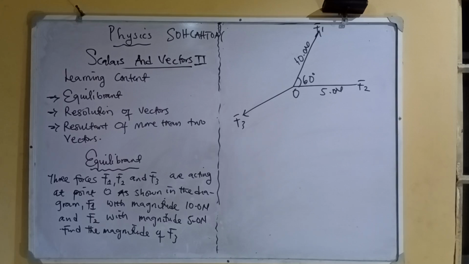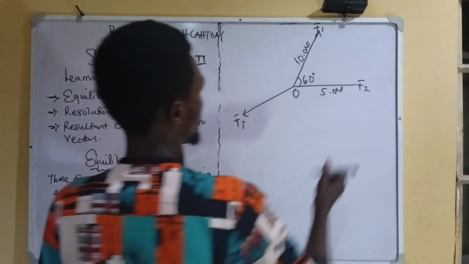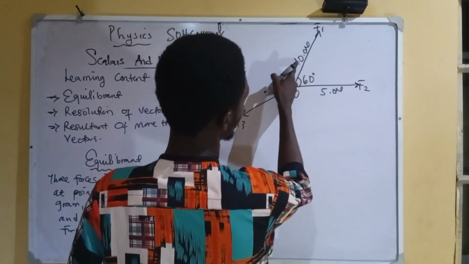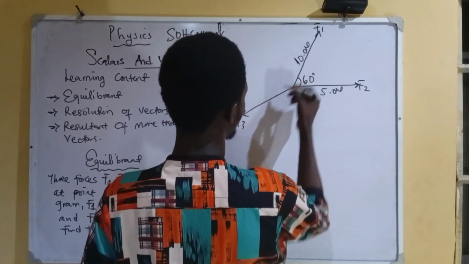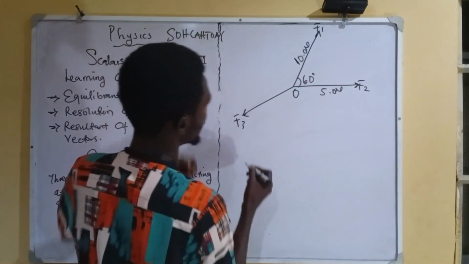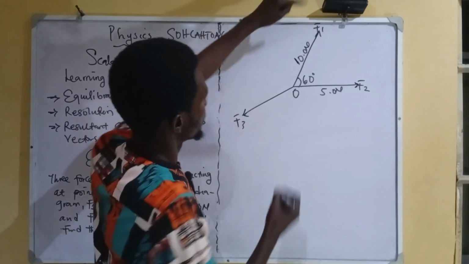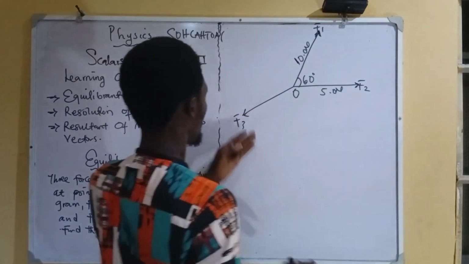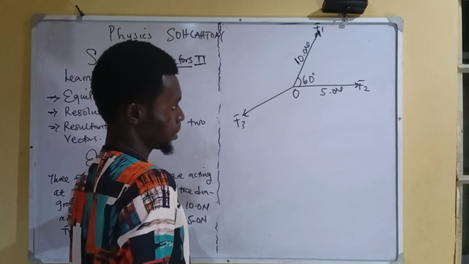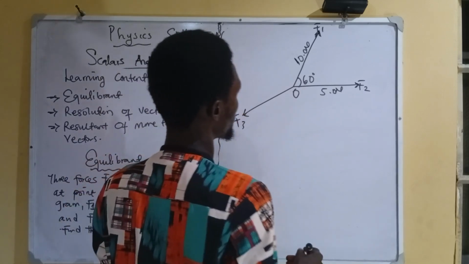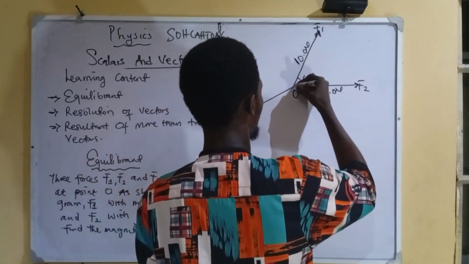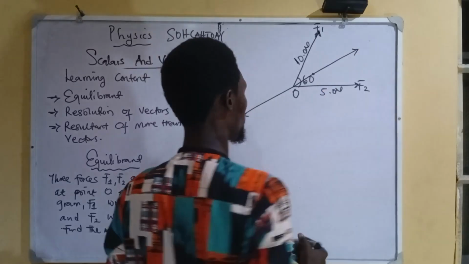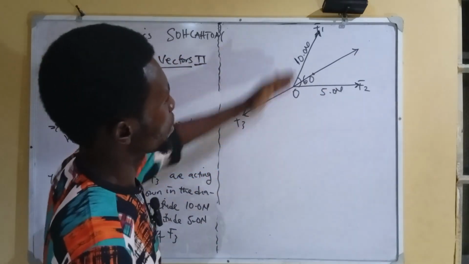When you look at the diagram very well, the direction of F1 is this way, and F2. But the F3 you are asked about is this other way. So it will be very easy to find F3 if we can also find the resultant of these two vectors.